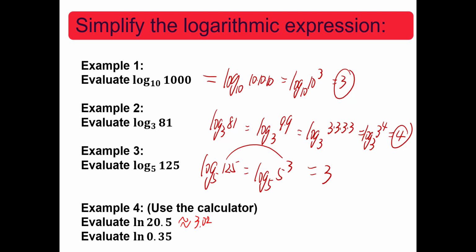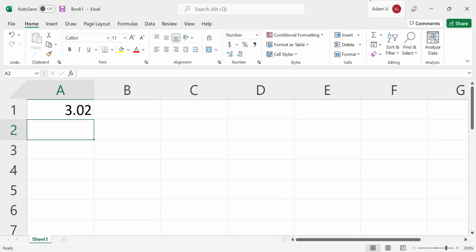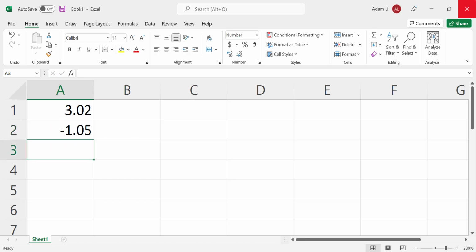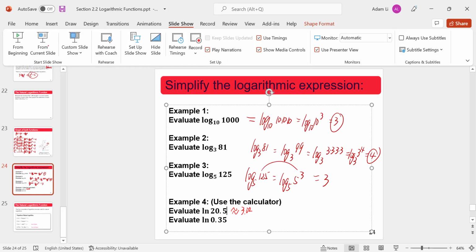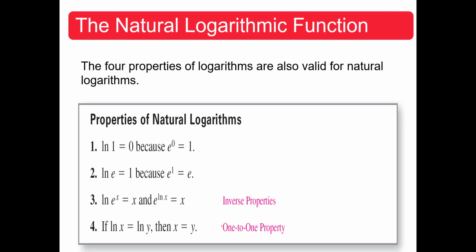The other one is ln of 0.35. You can also find it with the calculator. Equal sign, ln of 0.35. This is equal to negative 1.05. That's how you evaluate these logarithms in a calculator or Excel.